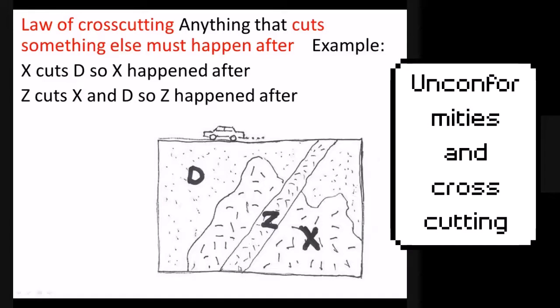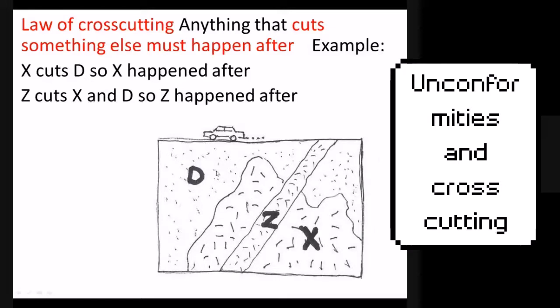When igneous rocks hit the Earth's surface, they flatten out. So Z would never, ever, ever form by itself, not like this. So Z must have cut into other things. In this case, yes, Z cuts X and Z cuts D. Notice how the line of X gets cut and Z is a continuous line. That must mean Z is the youngest, X is second youngest, and D is the oldest.